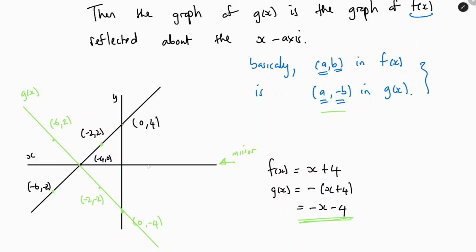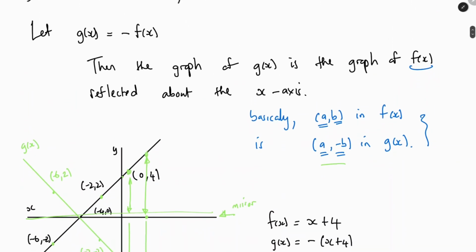For example, we looked at this point here, and we look at this y value distance, and we reflect it to the other side, and we get that point there. And we've done that for each point. As you can see, what we have is a clear reflection about the x-axis. So that's what happens when we let g of x equal something like this.